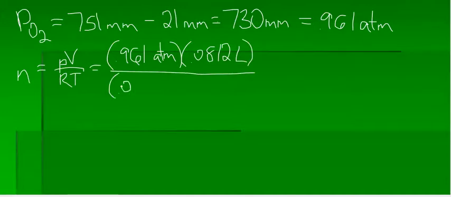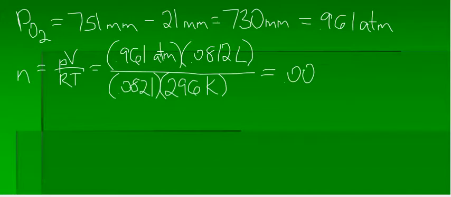R, 0.0821 liter atmospheres per mole Kelvin. And the temperature we had was 296 Kelvin. So this is going to give me the moles of oxygen, 0.00321.